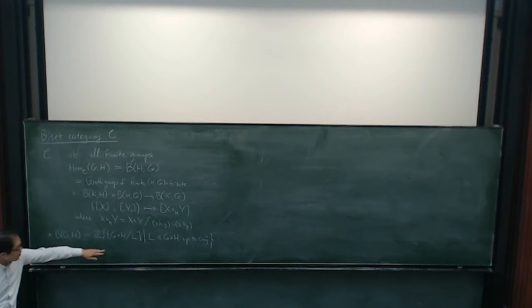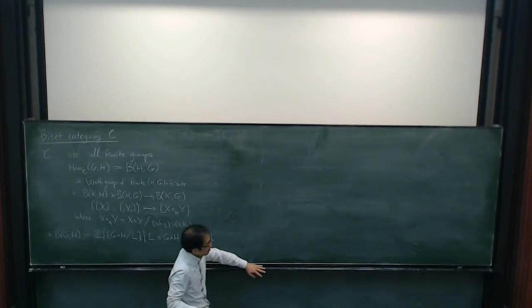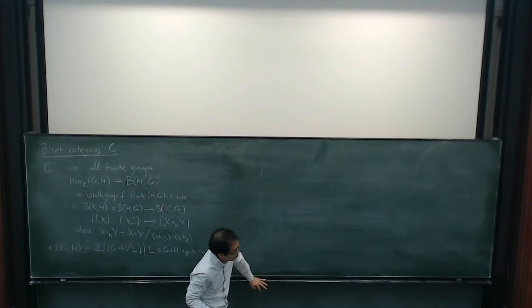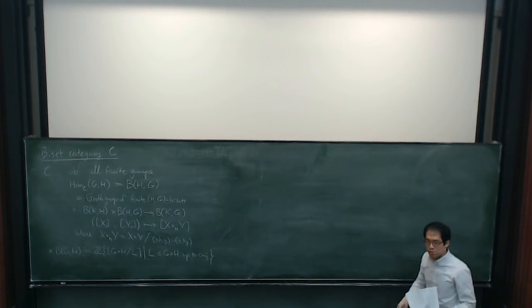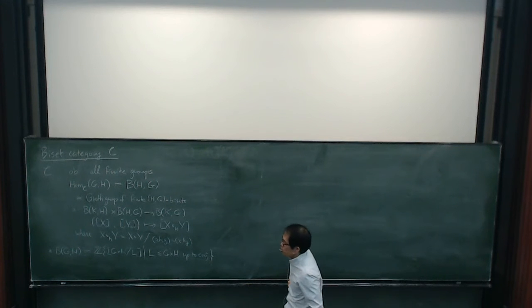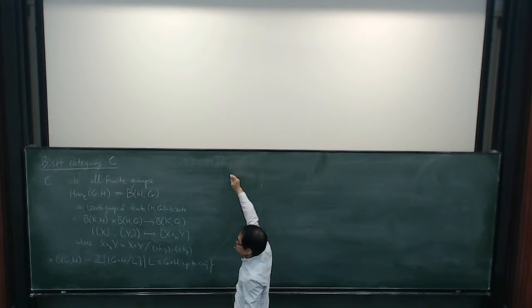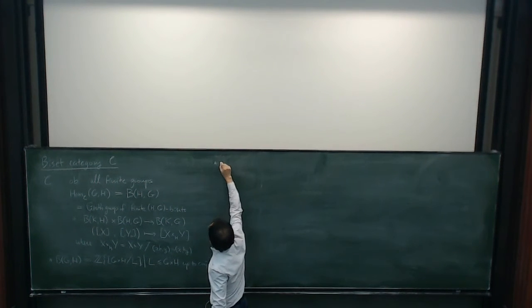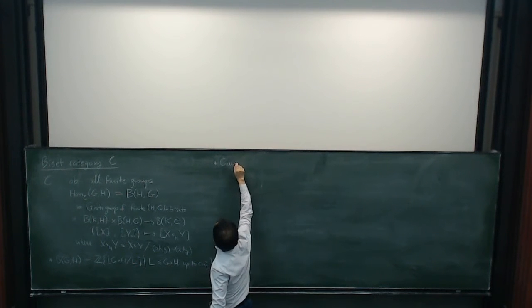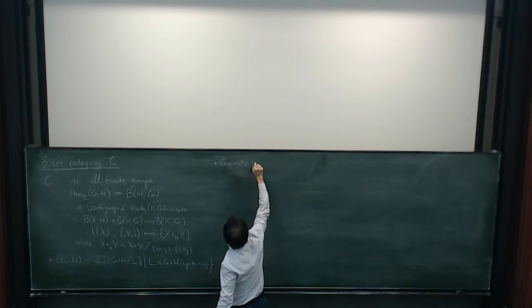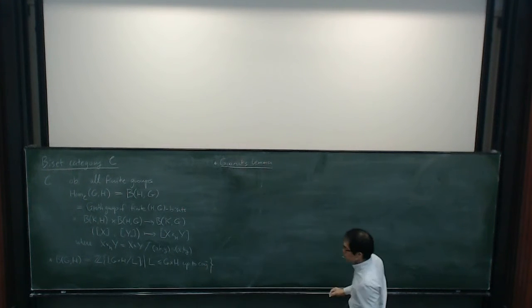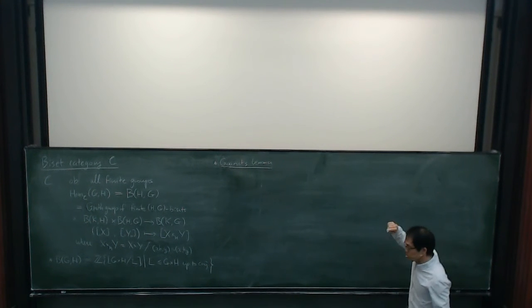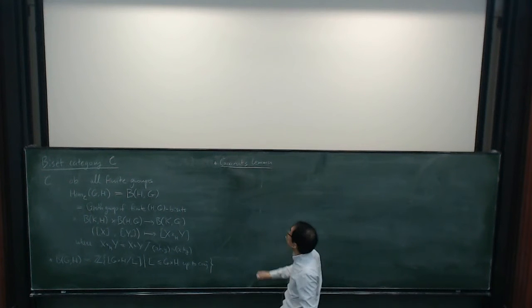So what are these subgroups? We need to know what these subgroups are: subgroups of a direct product of groups. Goursat, for some reason I don't know, thought about this problem and gave a complete description of these subgroups.